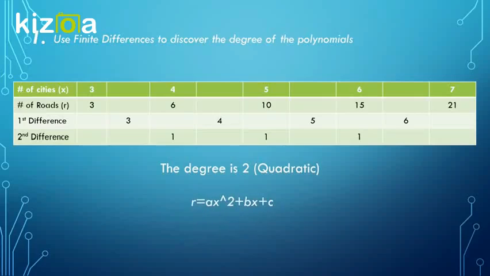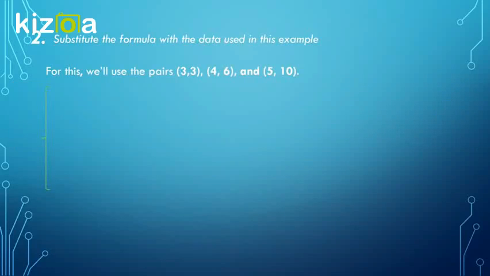Which means that the formula we'll be using is R equals ax squared plus bx plus c. So great, we found the form of the formula. But what do we do now? Now, in the second step, we substitute the data used in the example into the formula. For this, we use the pairs (3, 3), (4, 6), and (5, 10).